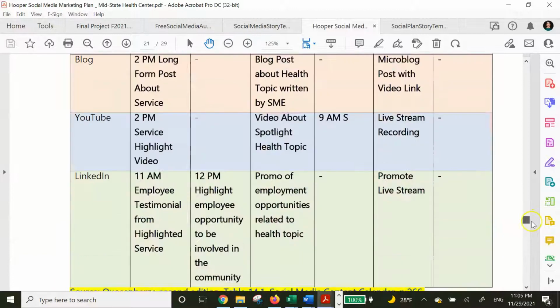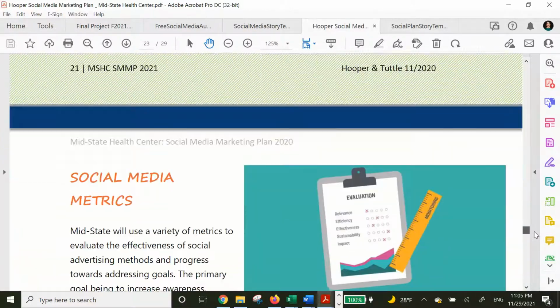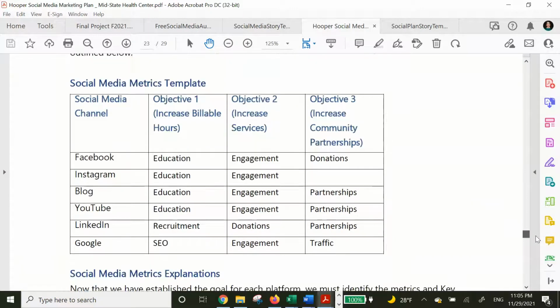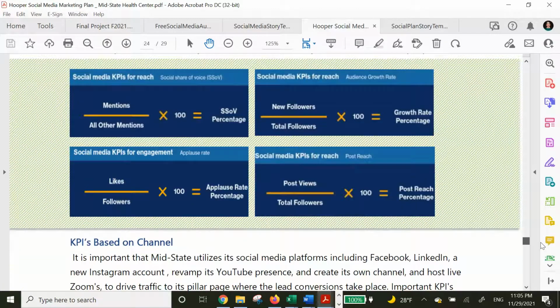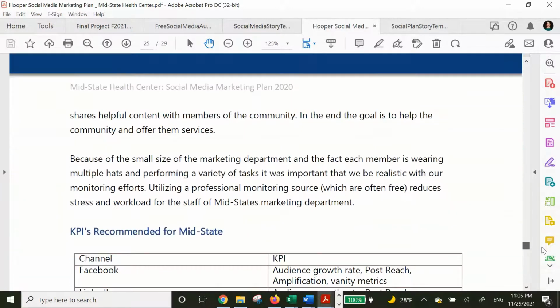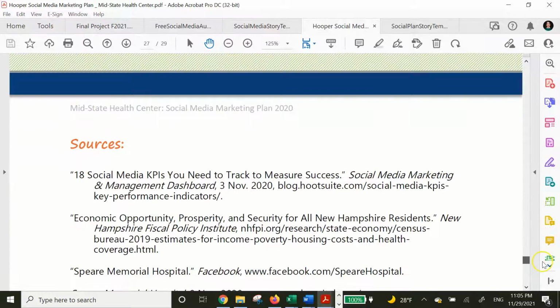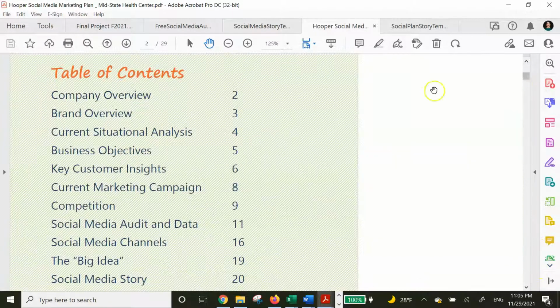The content calendar, some examples of content, and finally the social media metrics, how she was going to track the KPIs based on channels, social media budget, and then all the citations and sources.